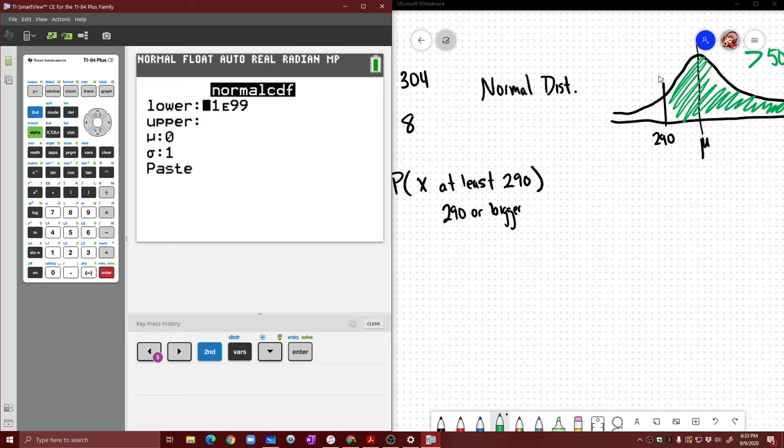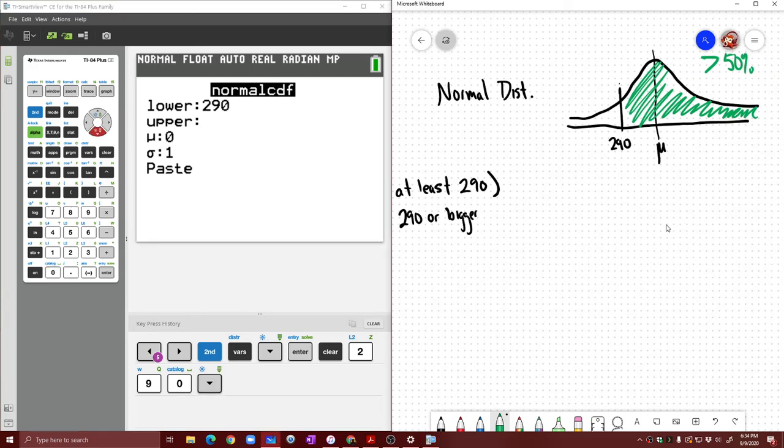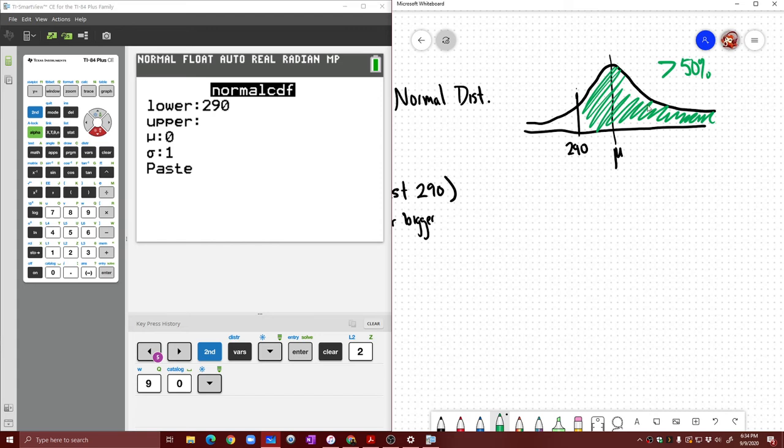This time I see from my visual, oh, the lower bound starting from the left is 290. So I clear this out and type in 290 as my lower bound. My upper bound is positive infinity, because this keeps going on forever and ever. It'll keep getting closer and closer to the axis and never cuts off.